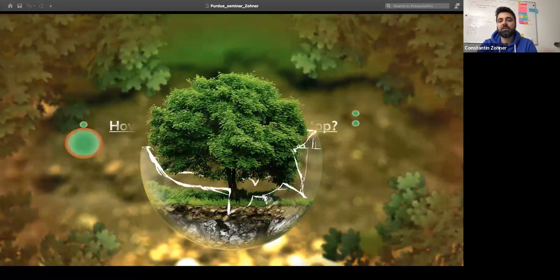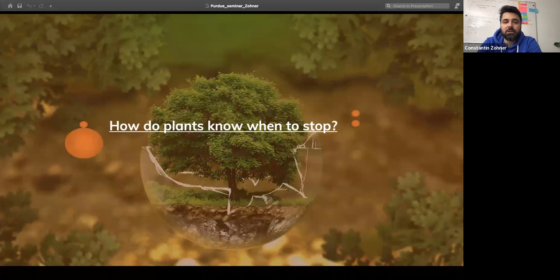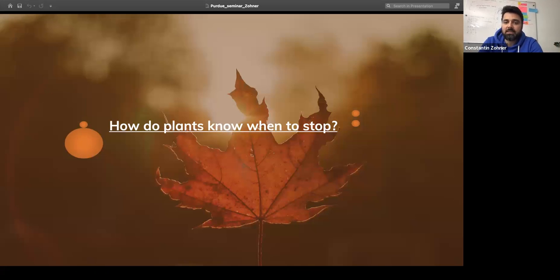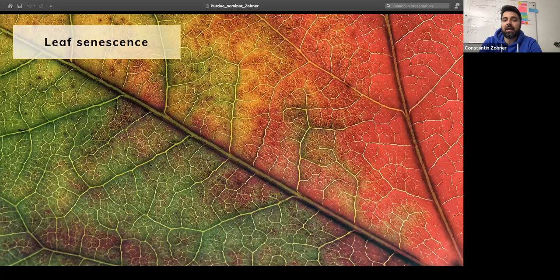So now I want to shift to autumn phenology and basically ask, how do plants know when to stop and when to develop these senescent leaves, when to basically lose their leaves. And this whole process of leaf senescence, of course, is a very interesting process.